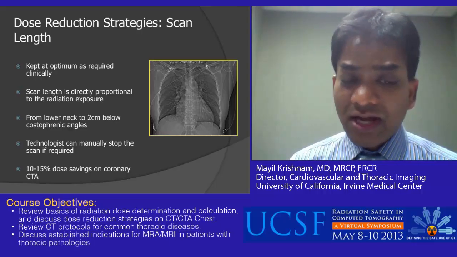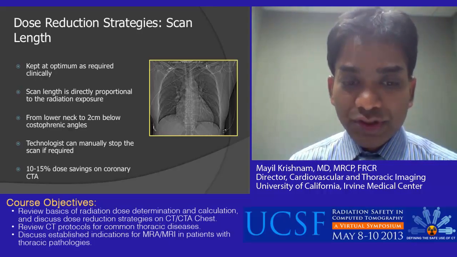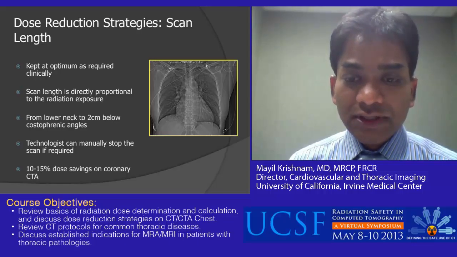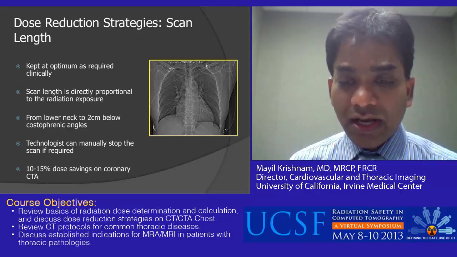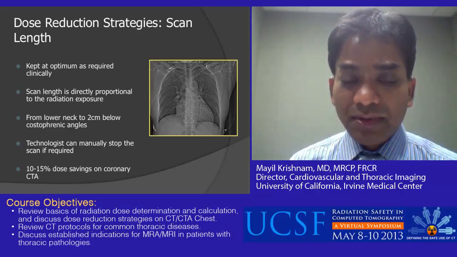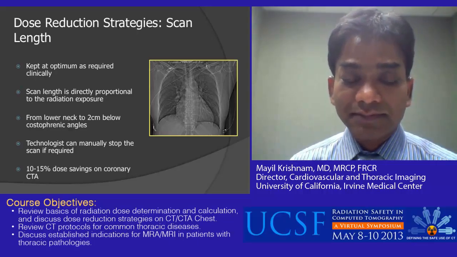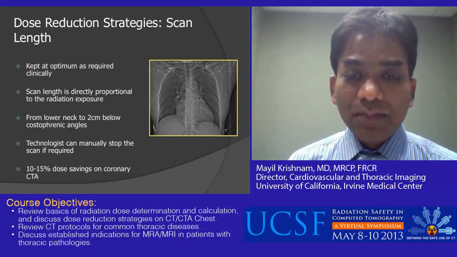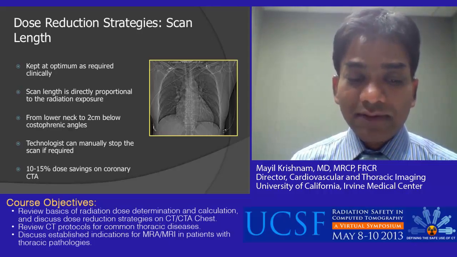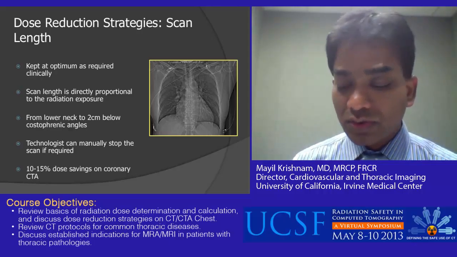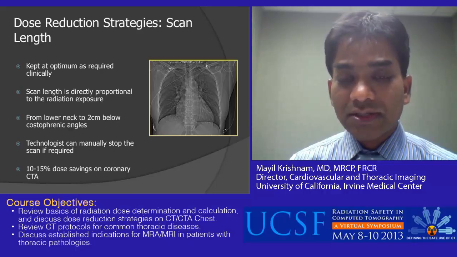The scan length is directly proportional to the radiation exposure, and for CT chest we go from the lower neck to the upper abdomen. To choose the upper abdomen without going too much into the abdomen, we try to use 2 to 3 centimeters below the lowermost costophrenic angle. By using appropriate scan length, one can save 10 to 15% dose to patients undergoing CT study.